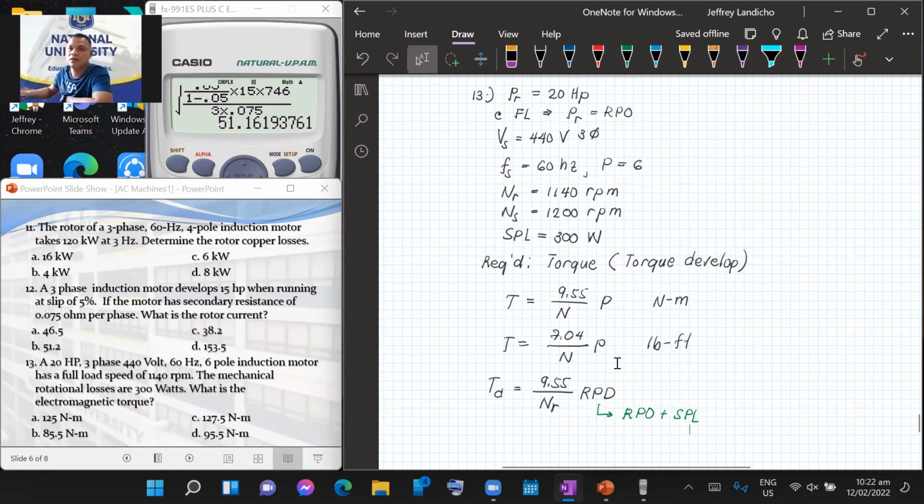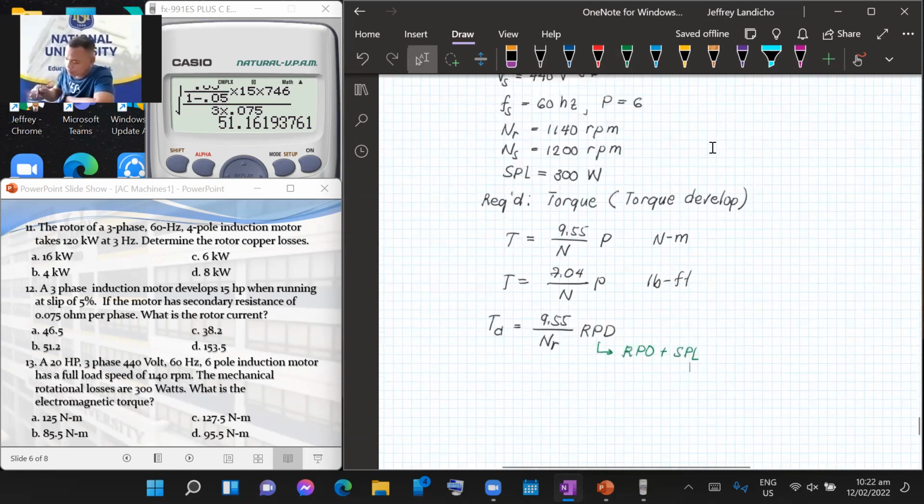So no more problem, kuha na. Meron tayong NR, so this is now direct substitution. So lumalabas that the torque now in Newton meter, it should be 9.55 over the rotor speed given 1140 multiplied by your RPO, convert HP into watts, 746. Plus na lang sino? 300.